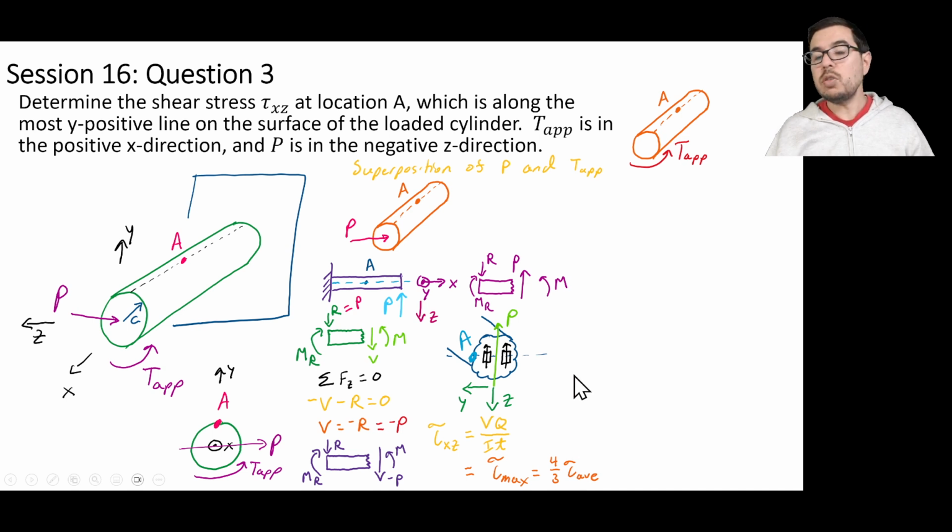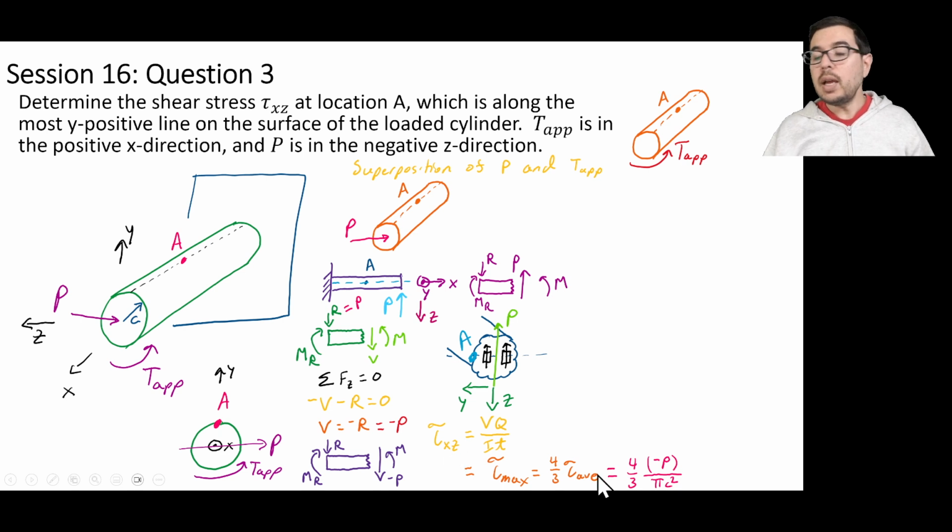What is the average shear stress? Well, the average shear stress will be the force P, or negative P because it's really V, divided by whatever this area is. So that's going to be pi c squared. So we put a 4/3 in front of it, and we say we have minus P over pi c squared. Okay? And this is the expression for tau xz.